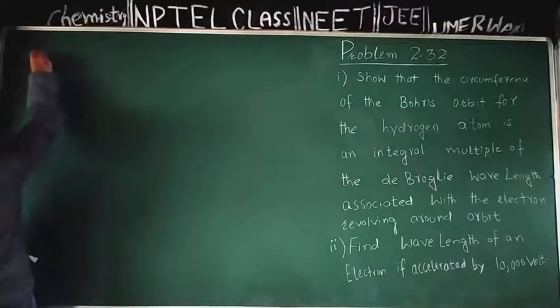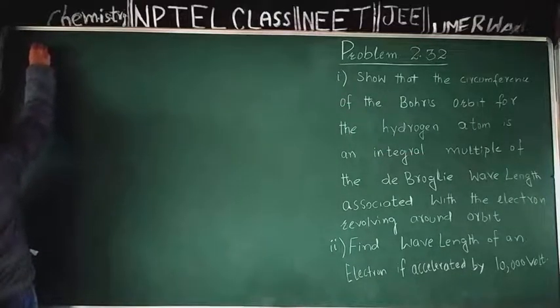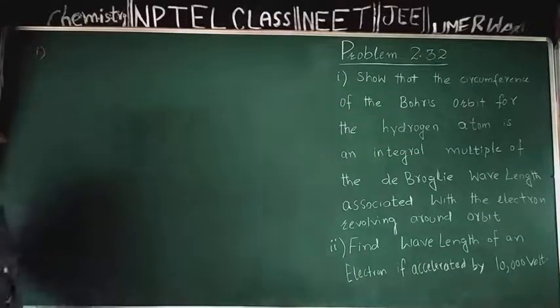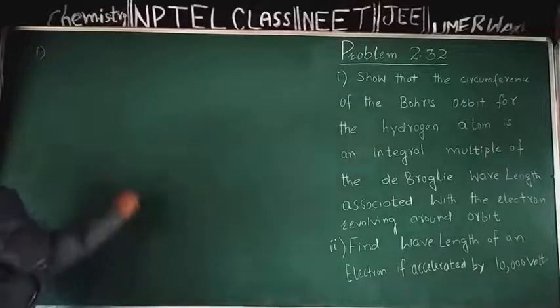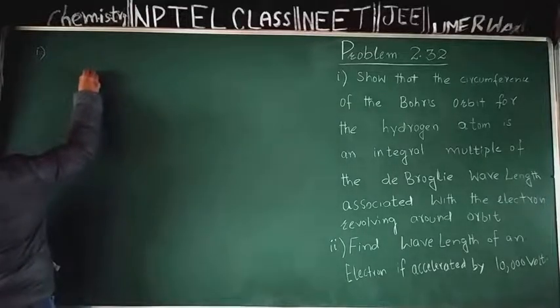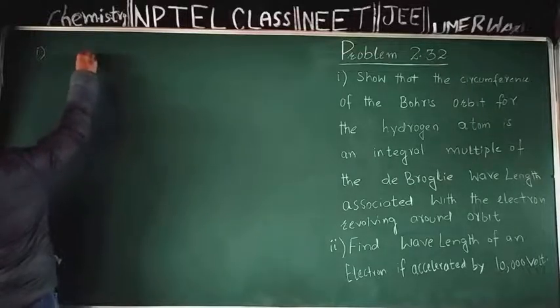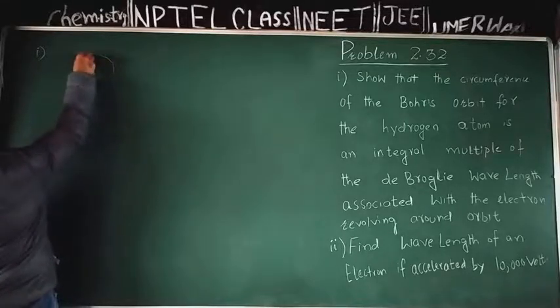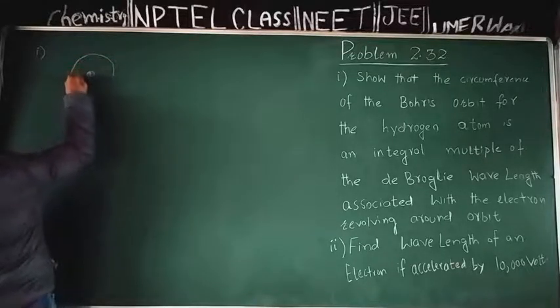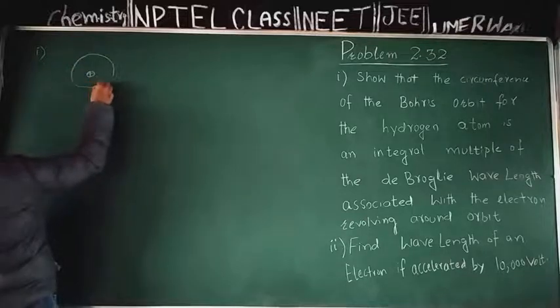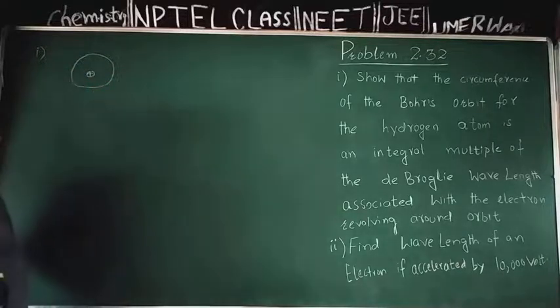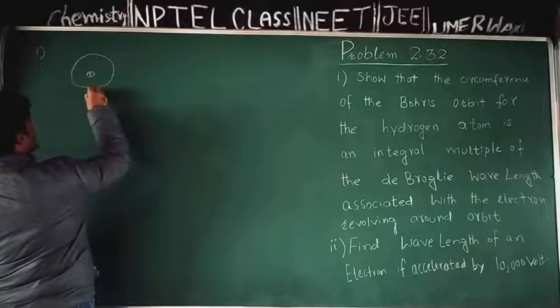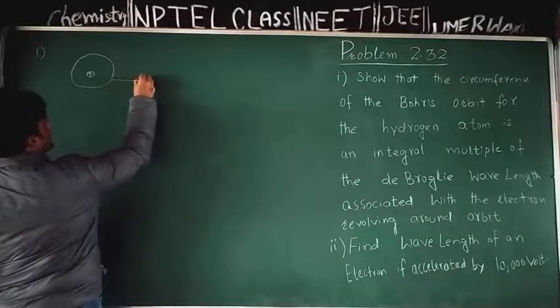Let me practice solution of part first. Bohr stated in his model of hydrogen atom that electron revolves around the nucleus in circular path called orbit.